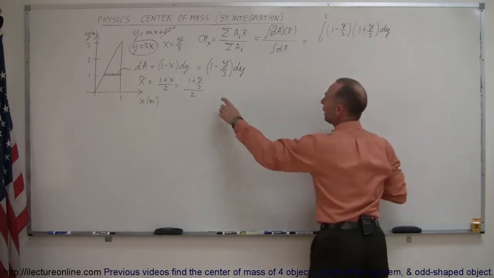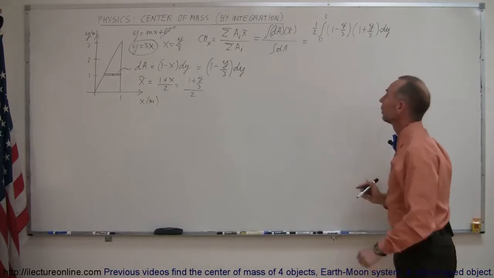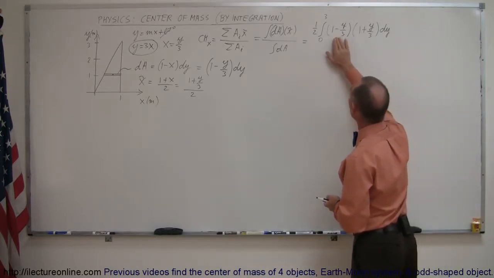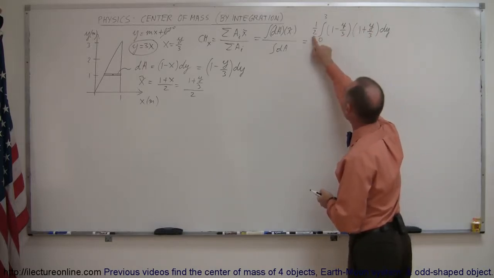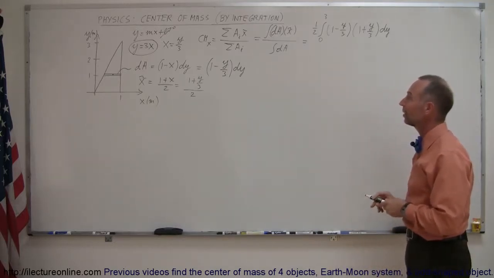There's my dy, and the divided by 2, I can bring outside the integral sign and put it over there. So this is my dA, (1 minus y over 3) times dy is my dA, and this divided by 2 is equal to my x coordinate of the center mass for that little segment.